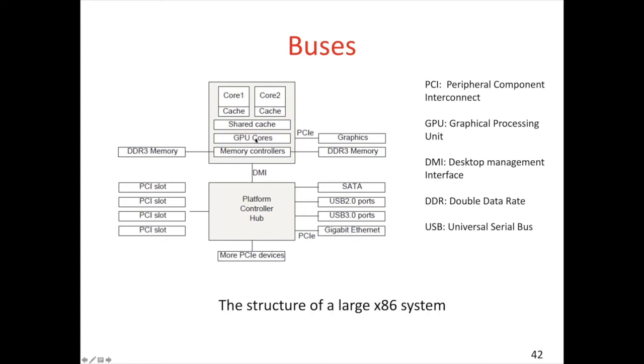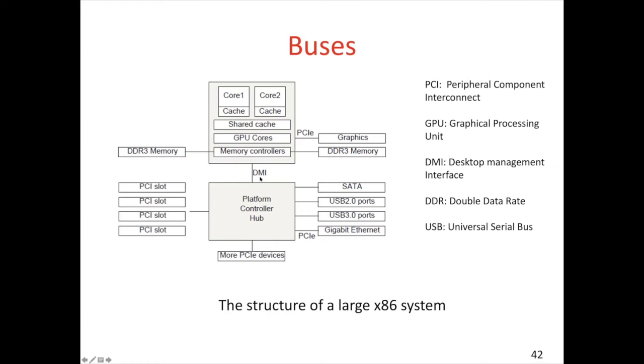Furthermore, there are GPU cores for the graphic operations and a memory controller to access the main memory. The information between the memory and the memory controller is through a bus. There may be several memory units connected to the memory controller.